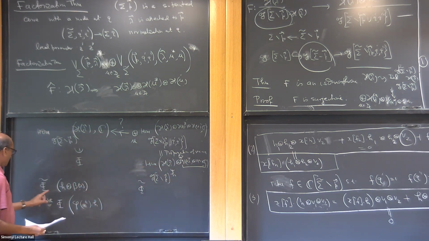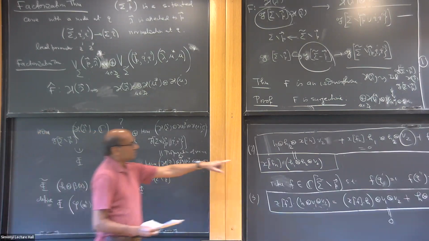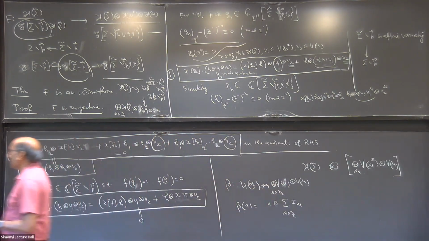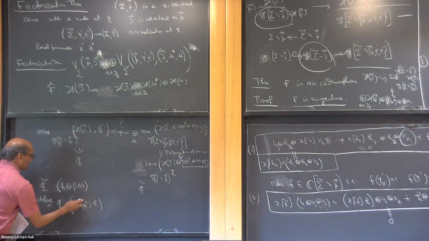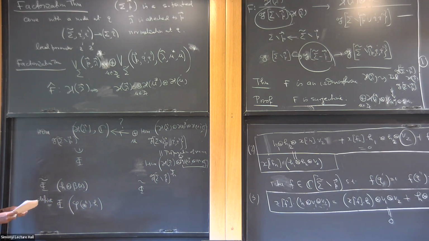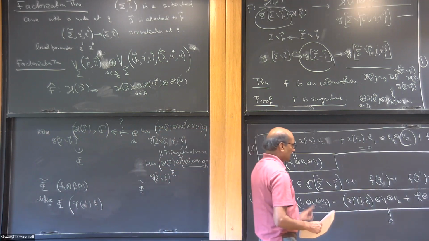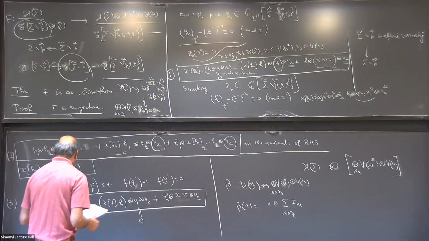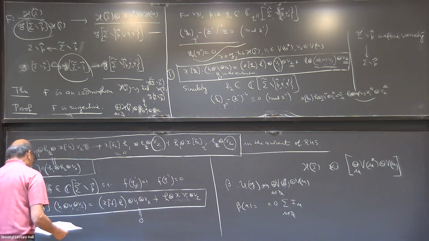So I'm defining phi twiddle of H tensor beta X, where beta is this map, to be capital Phi of small phi of X times h, but I have to define what small phi is. In fact, it more or less amounts to what Jacob had said. So let me write it, and then you will see.